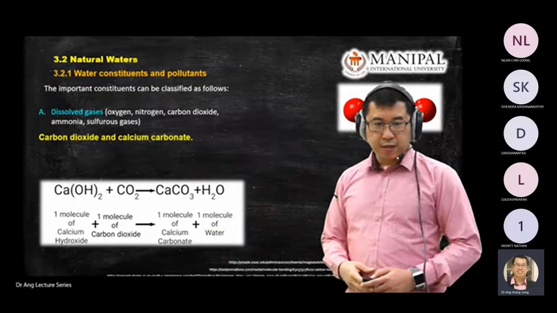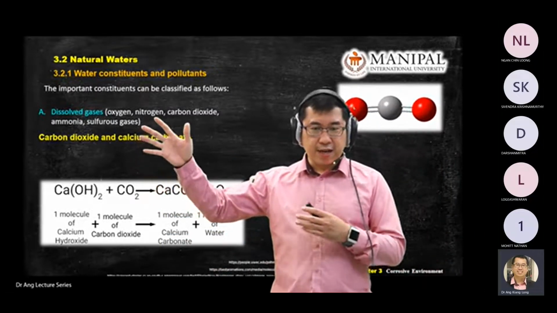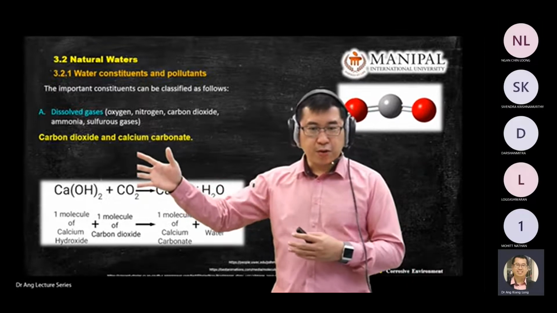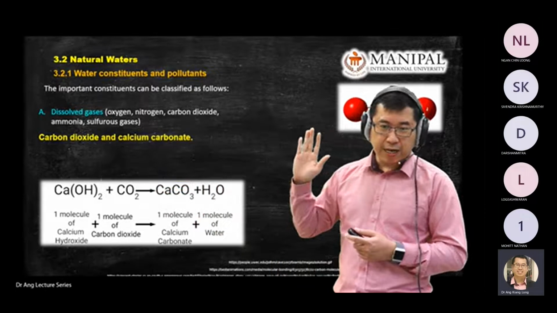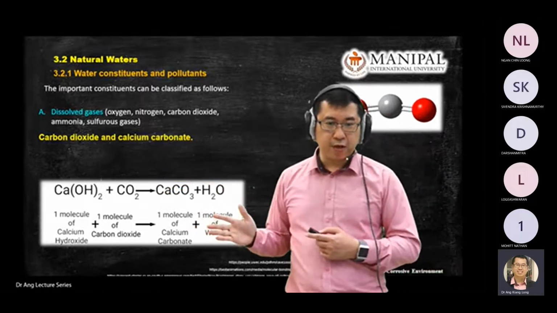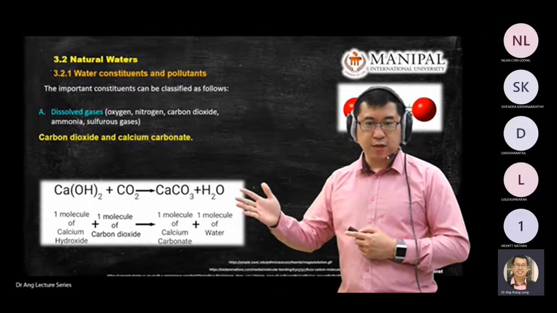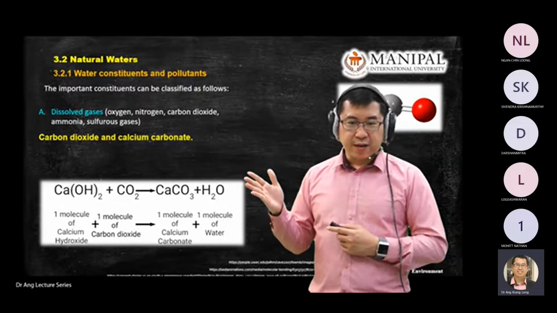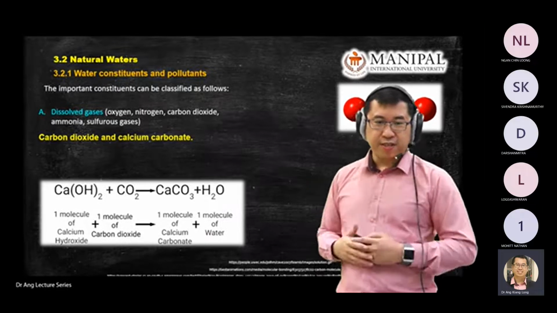Okay, so there is an element or mineral in nature that combines with carbon dioxide, and it will produce calcium carbonate and water. Water is also very helpful when it comes to corrosion.